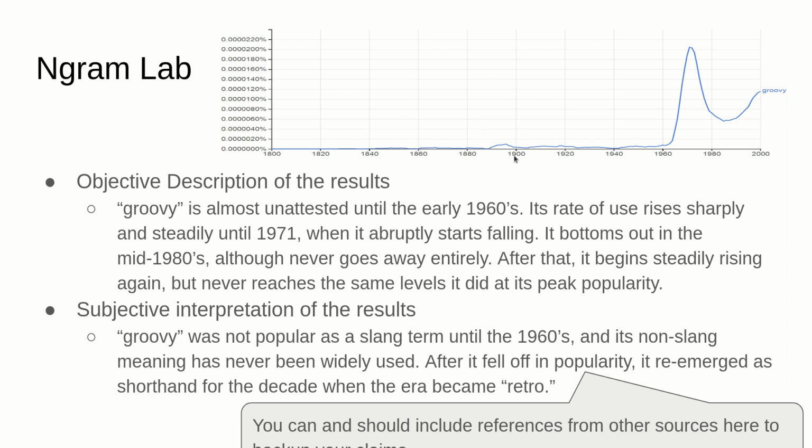We talk about what we see in the patterns and in the numbers, that it may have started to have some usage, but not a very popular usage, toward the turn of the last century, the 1900 turn of the century, and then that it starts to have significant popularity in the 1960s, dropping off abruptly in the 1970s, and then returning to some extent to some popularity in the 1990s and 2000s, or up to 2000, without quite reaching the popularity that it did in the 1960s.